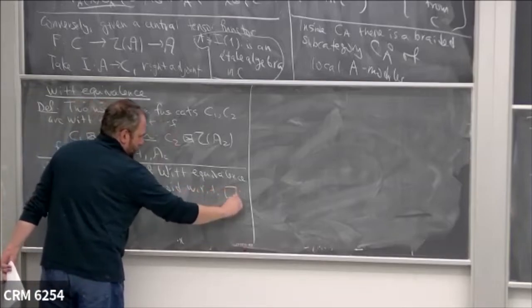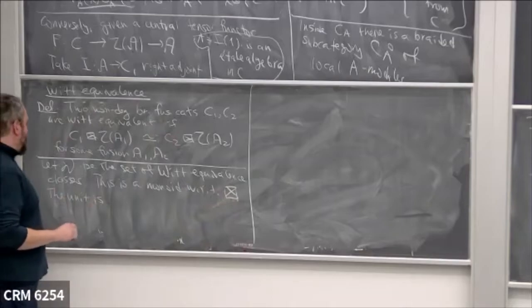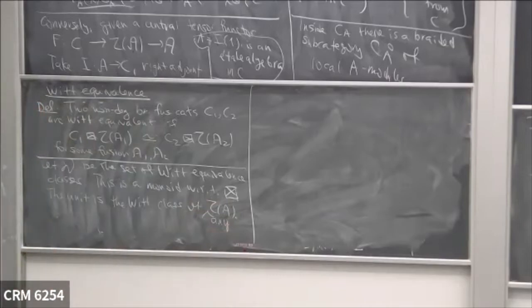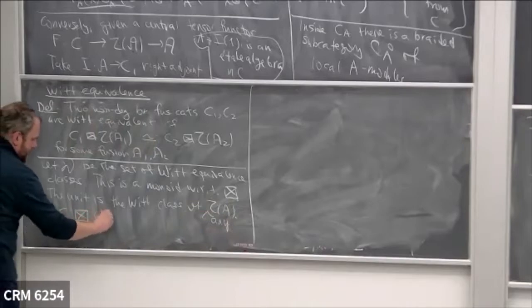In fact, it's a group. The unit is of course the Witt class of any center. And furthermore, there are inverses, because you can always tensor C with its reverse.